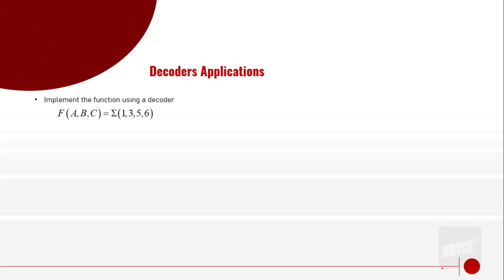And we're gonna try to make a logic circuit using a decoder. So instead of using the logic gates pa isa-isa, we're gonna try to implement this using a decoder. Okay, kasi yung decoder naka-IC na yan. So we can have an IC na decoder. Okay, so depende.